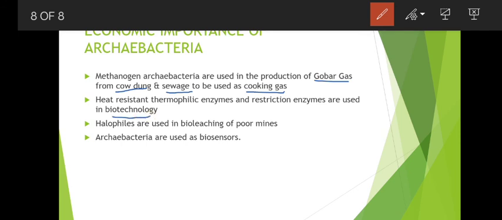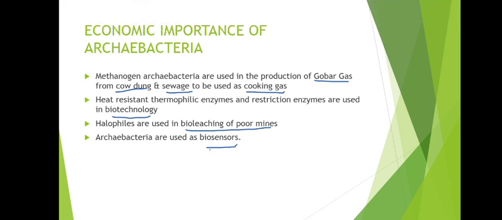So the heat-resistant thermophilic enzymes derived from these bacteria, especially the thermoacidophiles, are used in biotechnology. Halophiles are used in bioleaching of ore mines, and Archaebacteria are used as biosensors. So this was all about the Archaebacteria or Archaea.